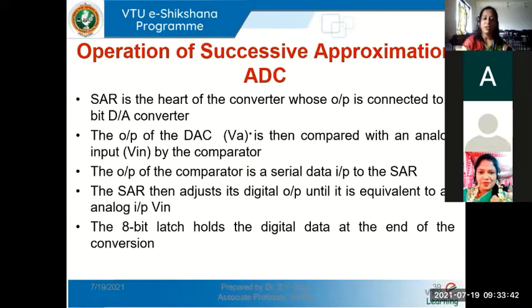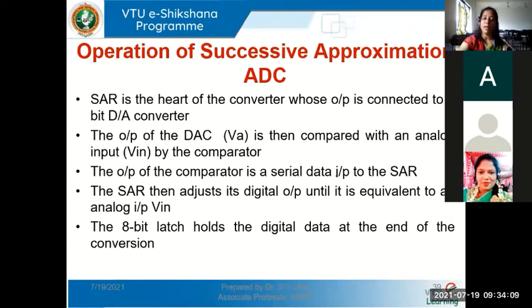So operation of the successive approximation ADC, as I told you, the successive approximation register is the heart of the converter, and the output of that successive approximation register will be connected to the 8-bit DAC. Output of the DAC, VA, is then compared with an analog input voltage using a comparator.